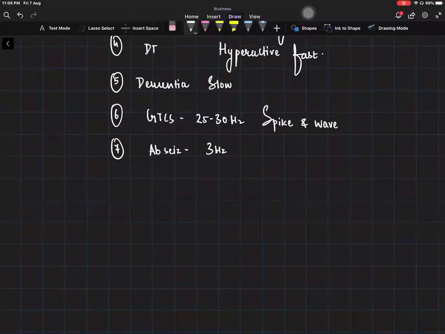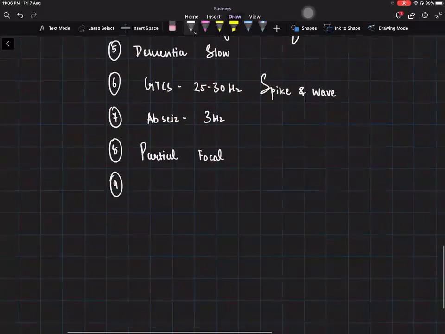In partial epilepsy, you have focal spikes in the seizure activity, and in myoclonic you would have generalized spike and wave activity.